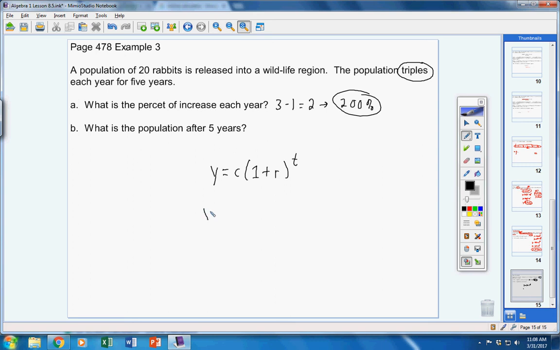So why is my ending amount? My starting amount is 20. My rate is, now be careful, it's 200%, so I put a 2. How do you write 200% as a decimal? With a decimal 2 places is 2. My time is 5 years. Now 1 plus 2 is 3, so I have 20 times 3 to the 5th power.